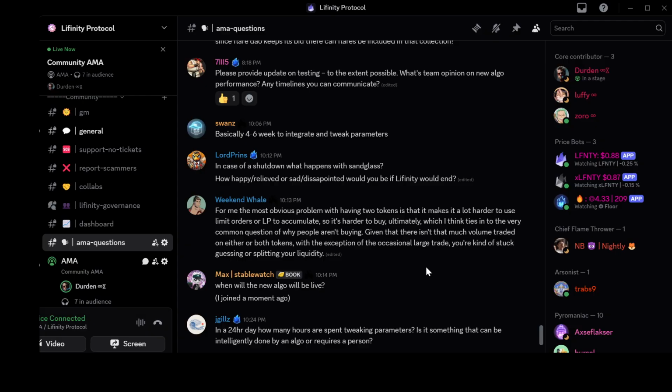I could imagine that if we didn't have the two token system, we just had a one token system with some kind of staking system, would that increase trading volume and therefore make it easier for limit orders to get filled or something?